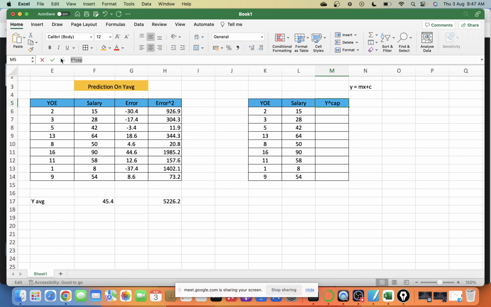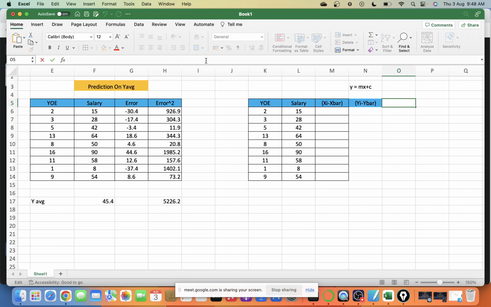Instead of writing that one, let's write it like we are about to find xi minus x bar. Okay, then we'll find yi minus y bar. Then we will find the multiplication of both.